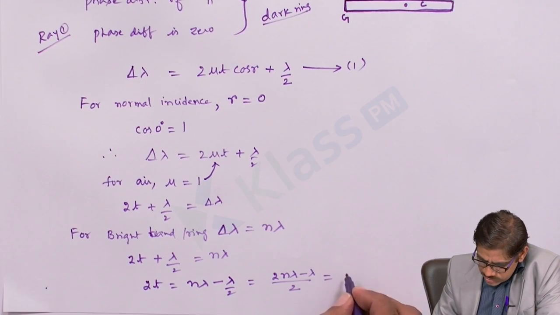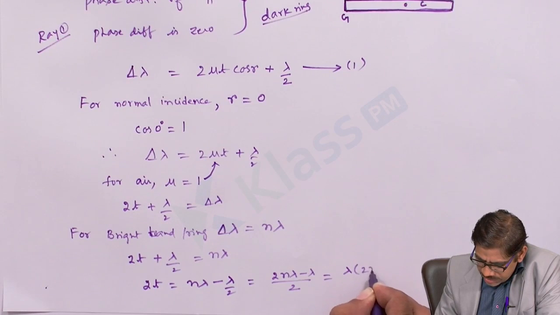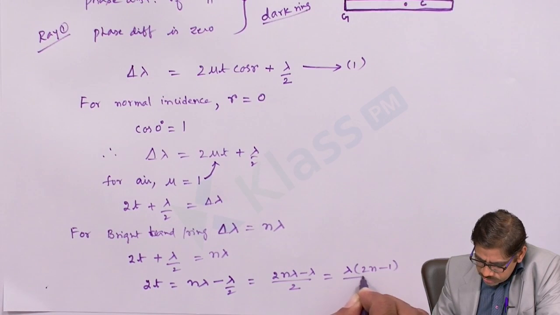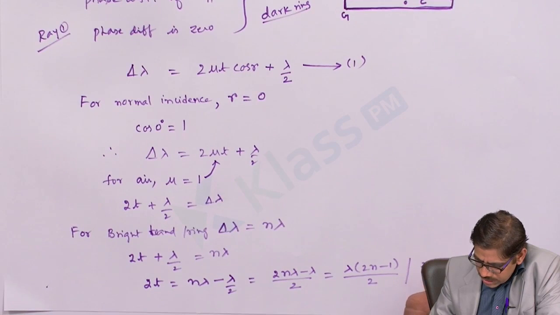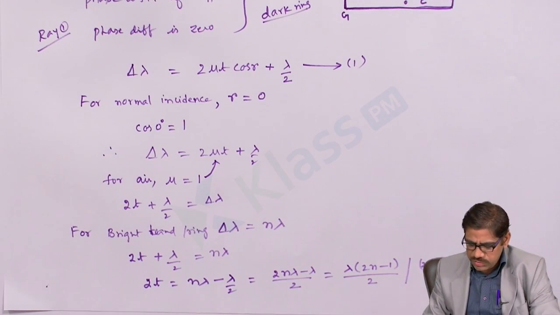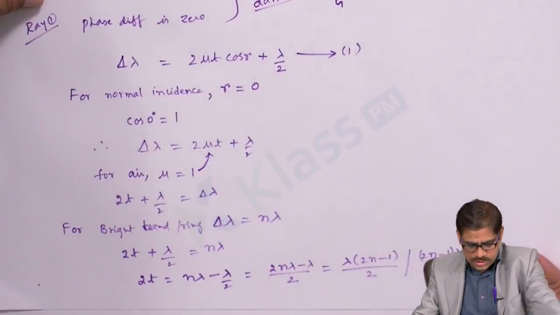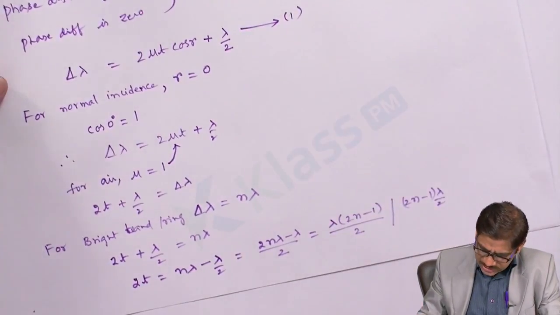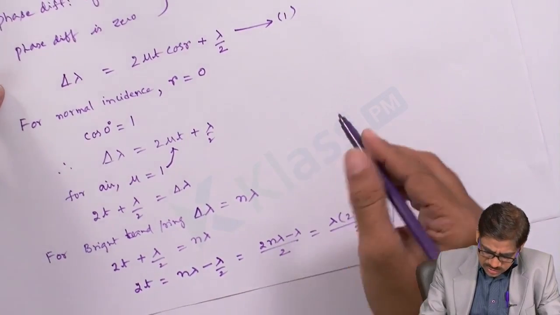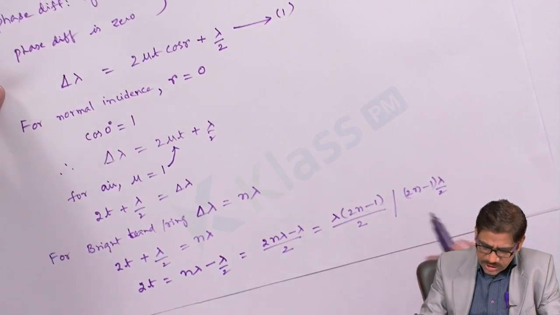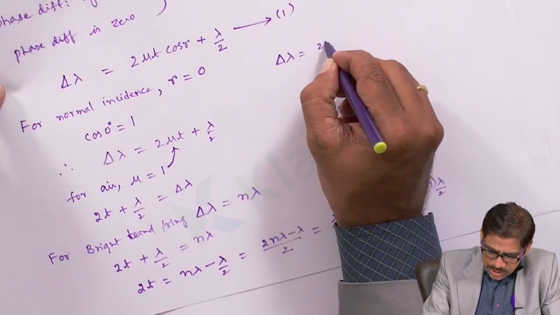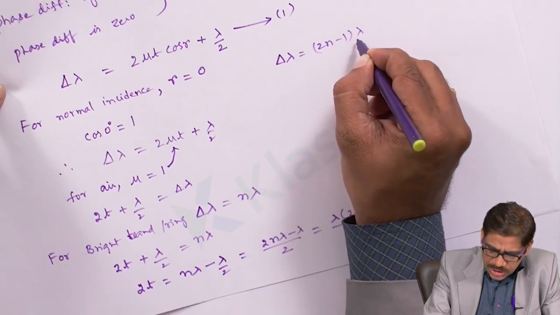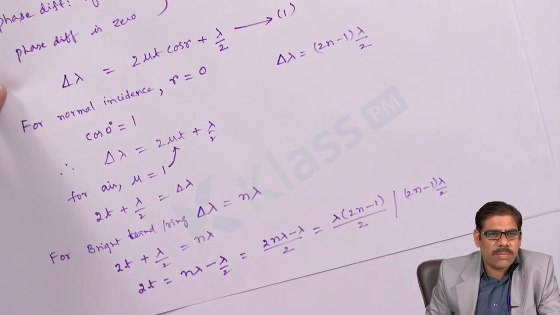Take out lambda, then it will form as 2n minus 1 into lambda by 2. So this is how the equation gets transformed. We can rewrite it as delta lambda is equal to 2n minus 1 into lambda by 2. This is for the bright ring.